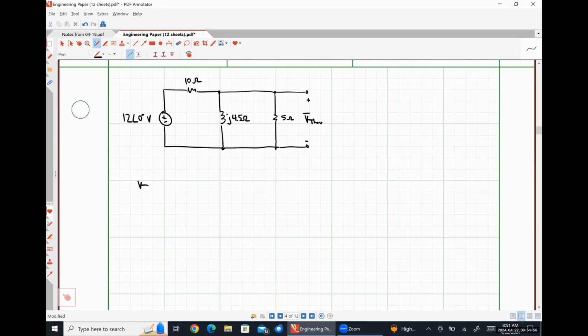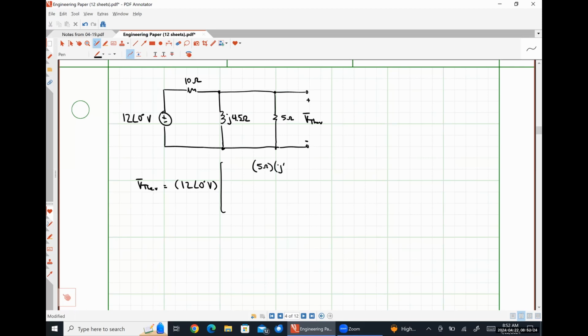So I see this as V Thev will be equal to 12 angle 0 degrees volts. The impedance that we're finding the voltage drop over here is 5 ohms in parallel with j4.5. So I'm just going to use the handy Z1 times Z2 over Z1 plus Z2 representation to find my parallel.